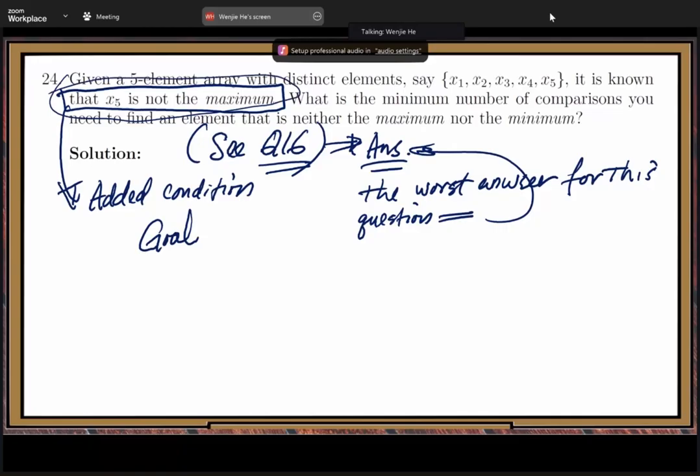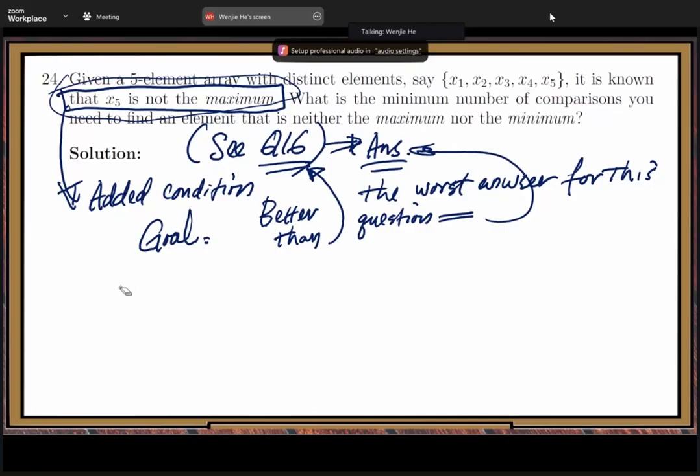All right, so now your goal, you try to do better. You want to do better than question number 16, because you have an extra condition.